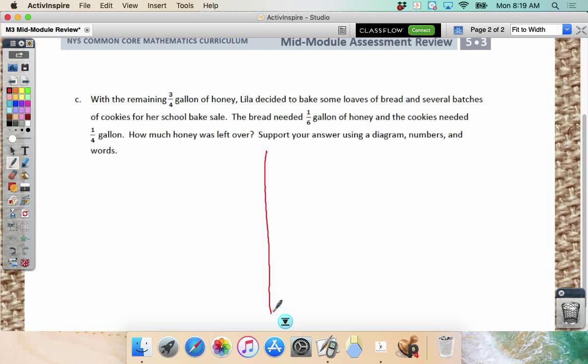Two steps. So she's got 3/4 gallon of honey left. But she's going to use 2 different amounts here. So what do we need to do with those first before we can subtract? Add those 2 together. So we'll add 1/6 plus 1/4.